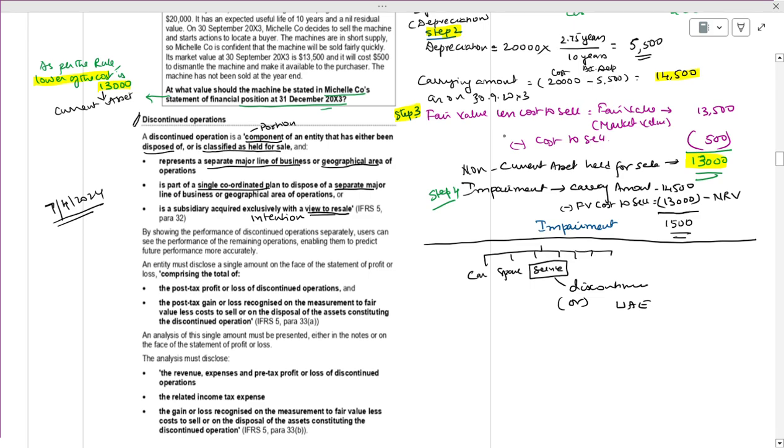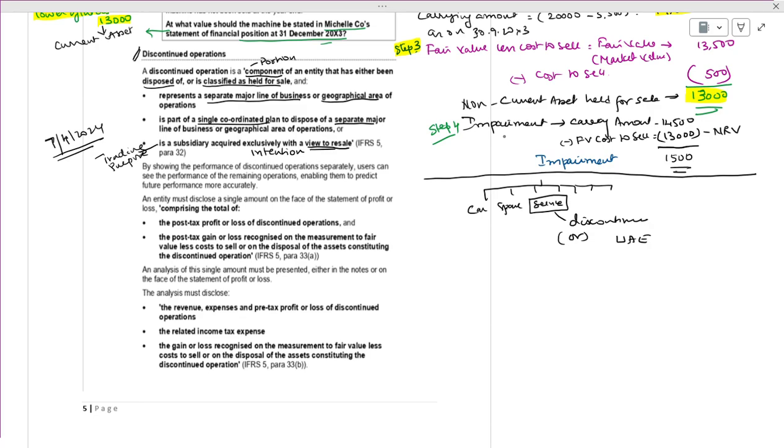We are not holding it. If you are buying anything for a trading purpose, it is not for permanent use. These are the three things which you have to discontinue. You have to show the performance of discontinued operations separately, so that users can see the performance of the remaining business.